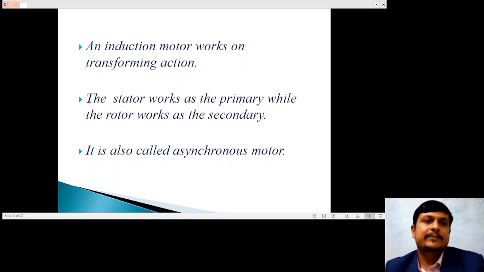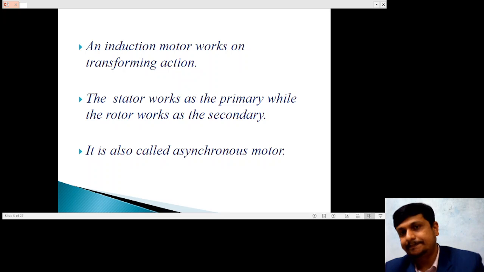There is a similarity between the induction motor and the transformer. The induction motor also works on the principle of mutual induction, just like a transformer. That's why it is also called a rotating transformer.